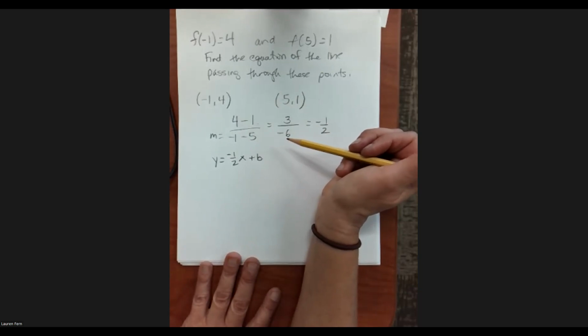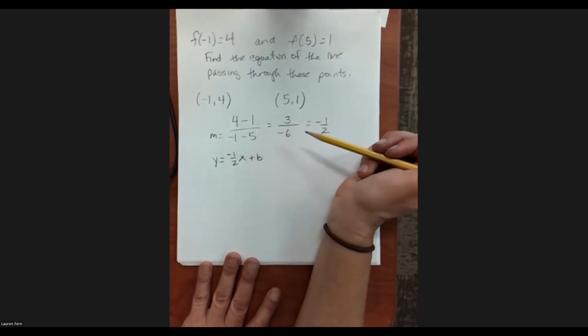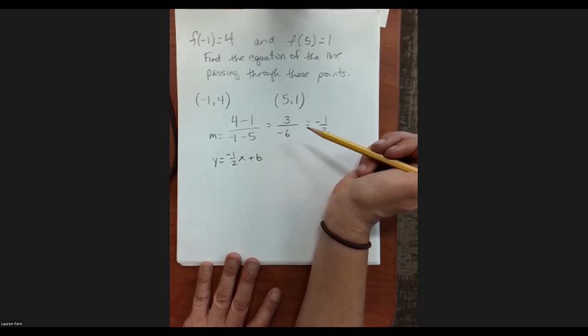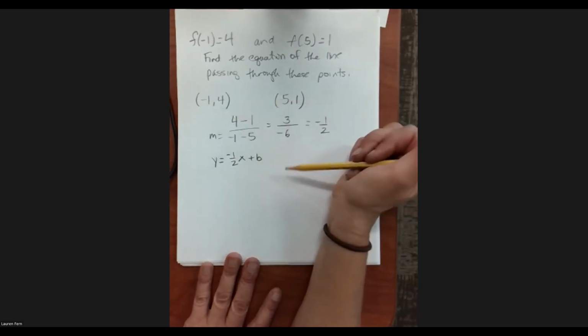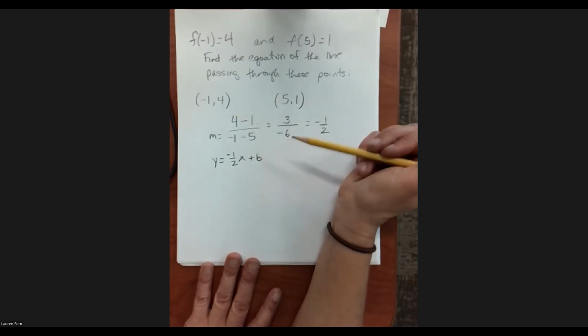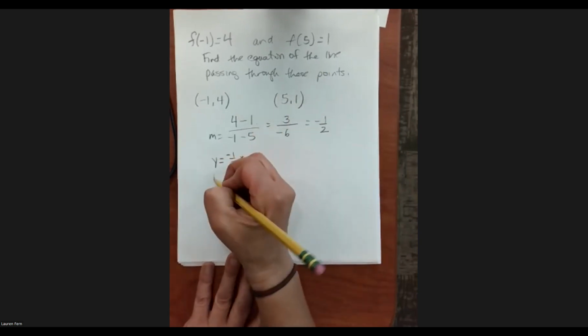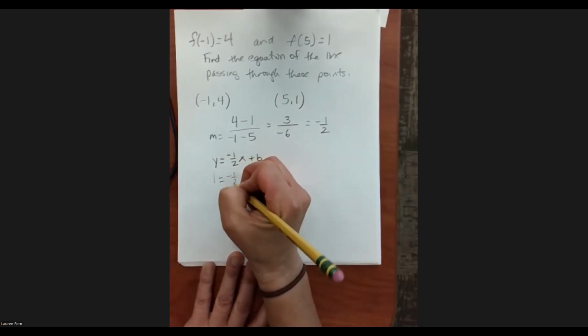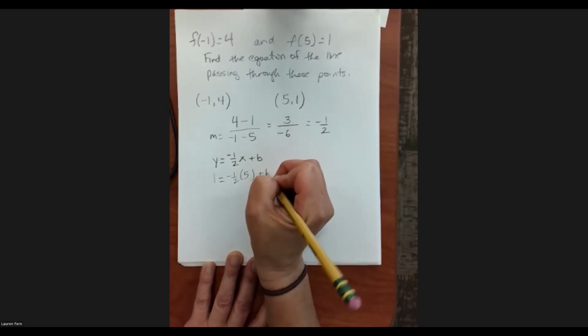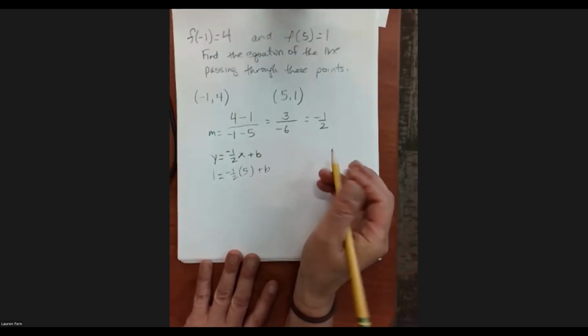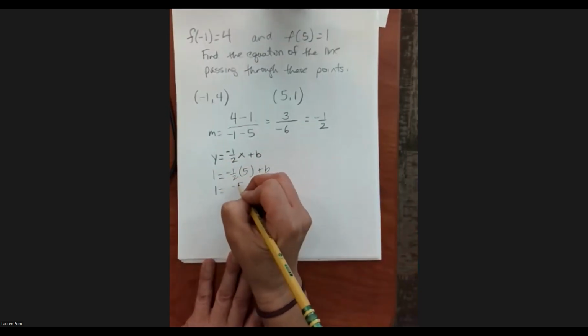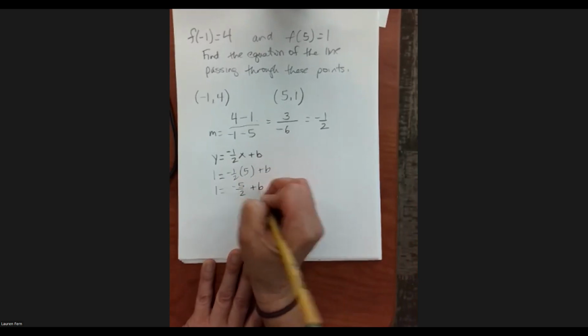No, and it better not, right? Because there's infinitely many points on any line. So it better not matter which ordered pair you plug in. So who do you want to plug in just for the fun of it? Neither one of them turns out that pretty. 5, 1, okay. Y is equal to 1 when X is equal to 5. So do you agree I get 1 is -5/2 plus b?